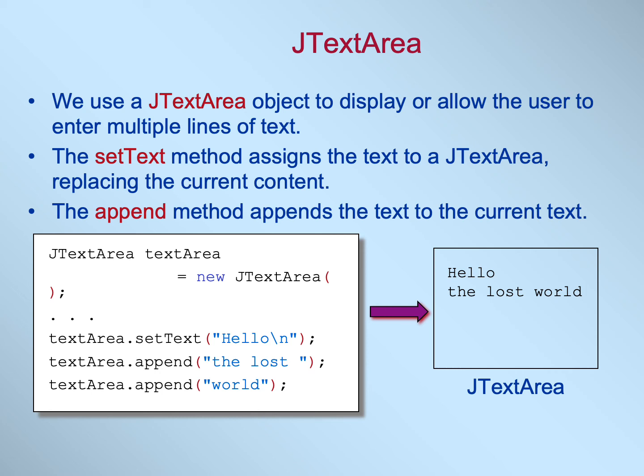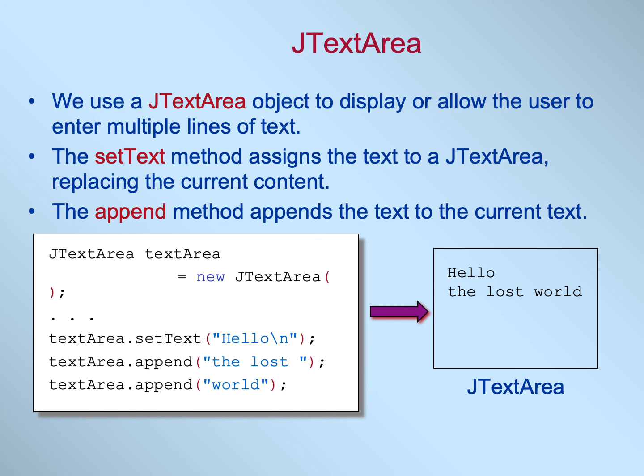For example, in this code, we have JTextArea TextArea equal to new JTextArea. We want to set the text to "Hello", so we would write TextArea.setText("Hello"). Then, we want to add more text to the current text, so we would use the method append. So we can write TextArea.append("the lost").